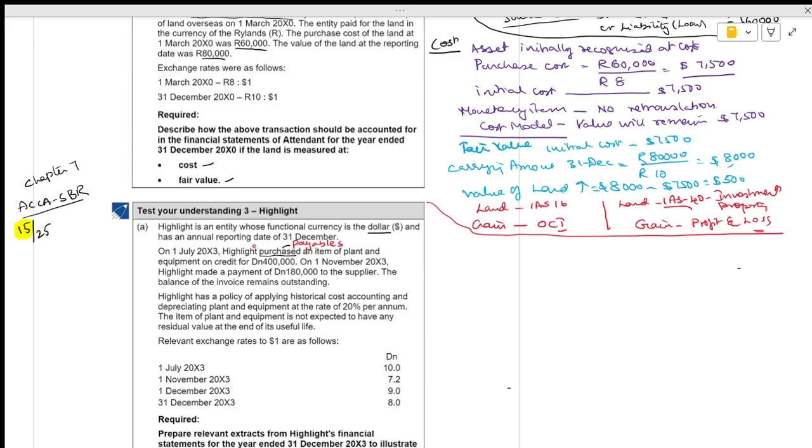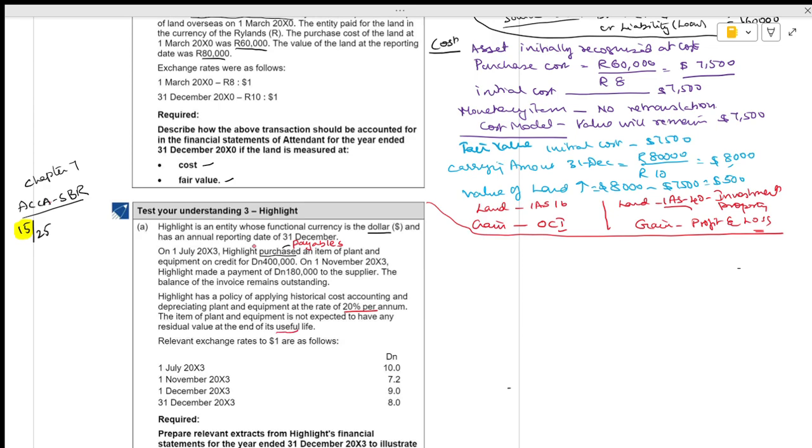On November 1st, they made a payment of 180 to the supplier. The balance of the invoice remains outstanding. They got it for 400 and paid 180. Very simple and straightforward; we can score good marks here. Highlight has a policy of applying historical cost accounting and depreciating plant and equipment at the rate of 20%. The plant and equipment is not expected to have any residual value.